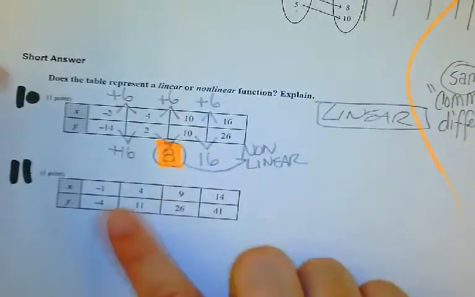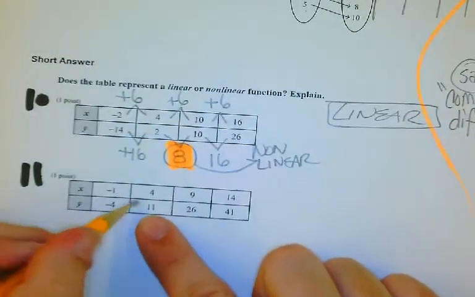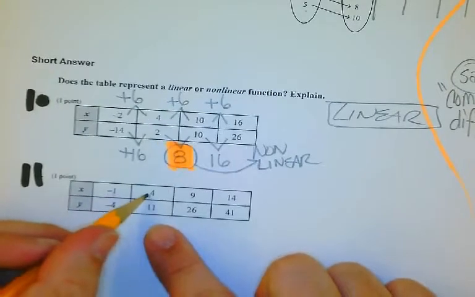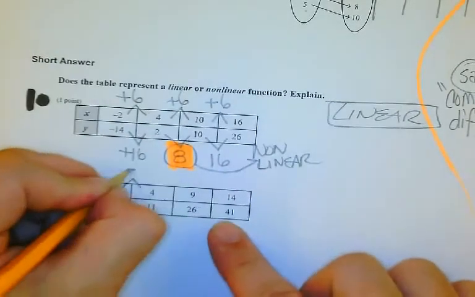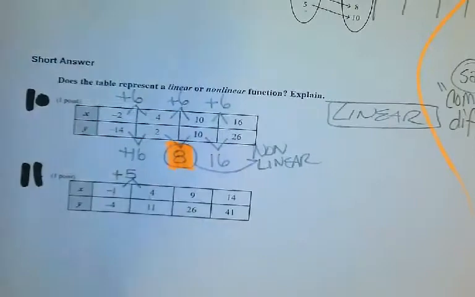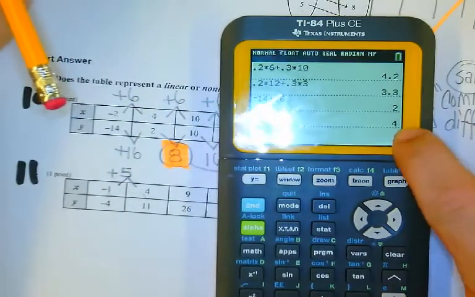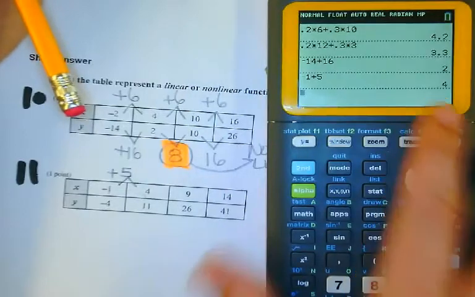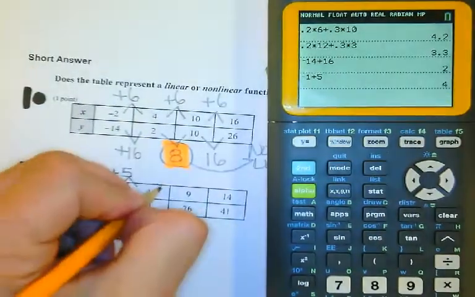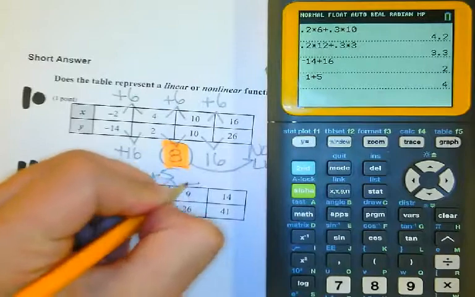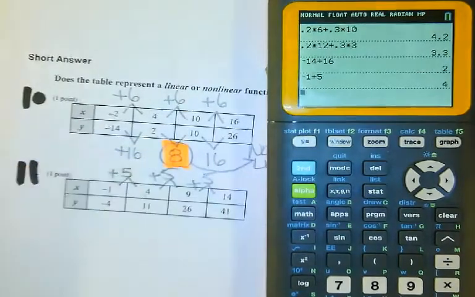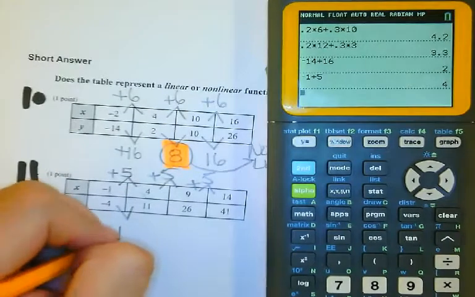Okay, from here, let's look at the next one. Go from -1 to +4. That's a total distance of 5. So again, -1 plus 5 will get us to that 4. All right, from 4 to 9 is another 5. From 9 to 14 is another 5. From -4 to 11 is 15.